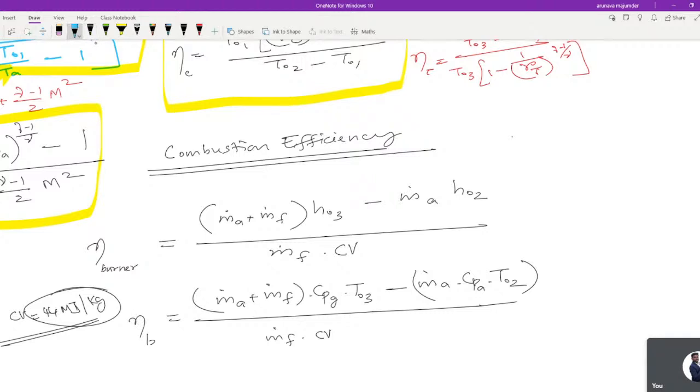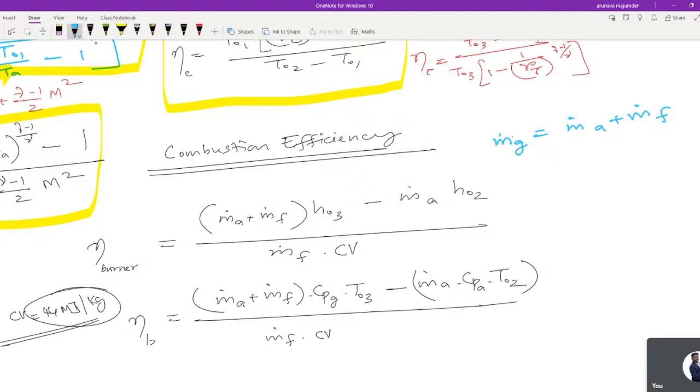Now there is another alternative way to understand this. The total mass flow rate of the gases, m dot g, is m dot a plus m dot f. Okay, this is the combination of the mass flow rate of air and the mass flow rate of the fuel.